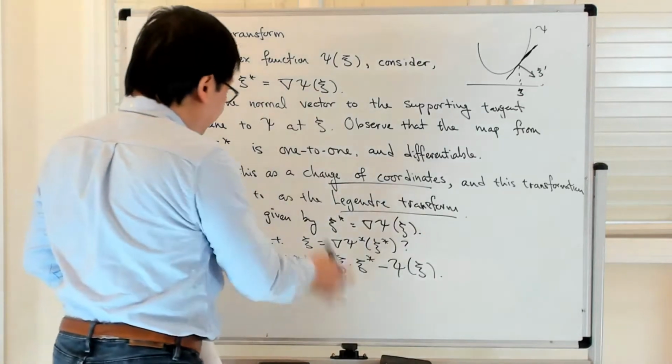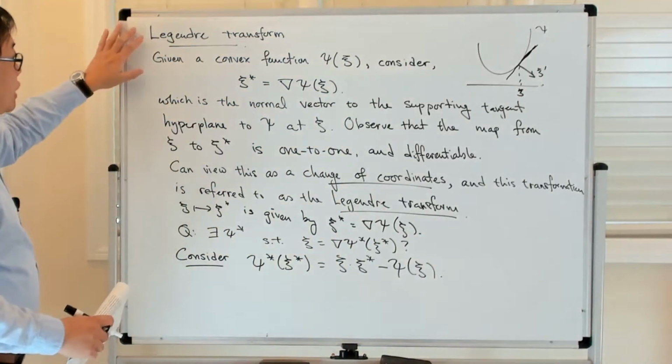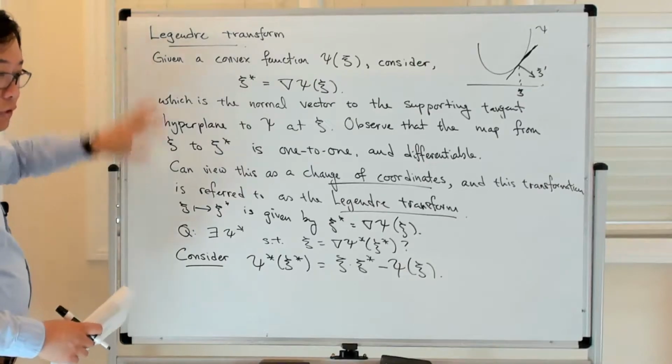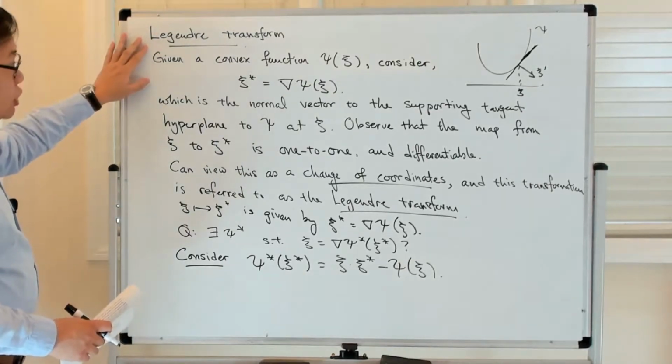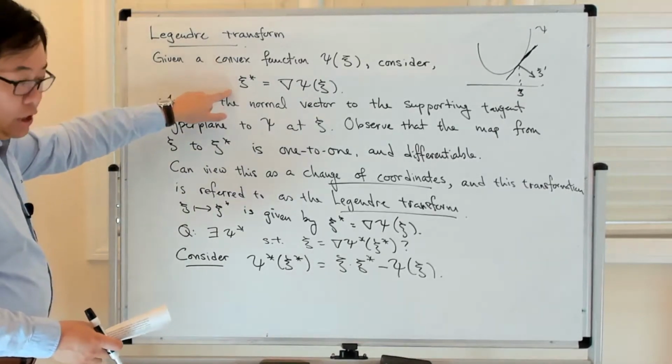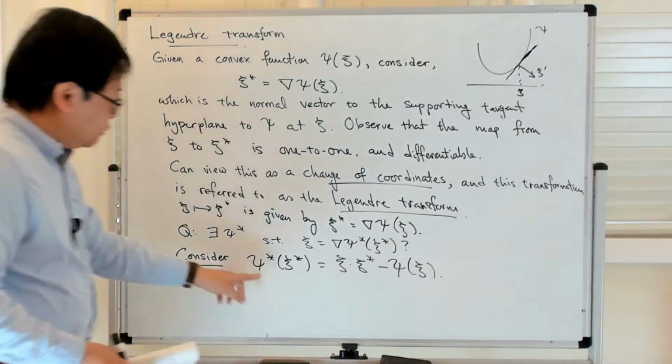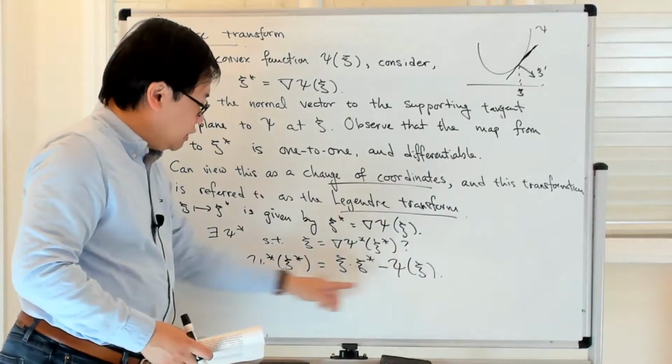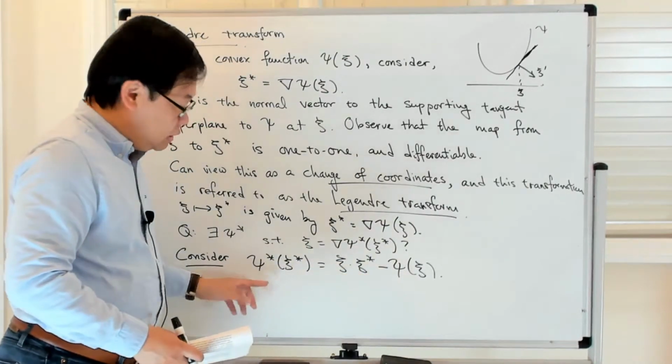So the point basically is that we're referring to this as the Legendre transform, and if you've seen Legendre transforms in the context of mechanics, you see that as changes of coordinates on the one hand, as well as changes from the Lagrangian to the Hamiltonian.